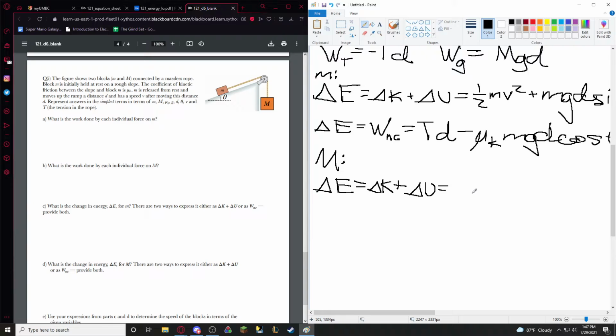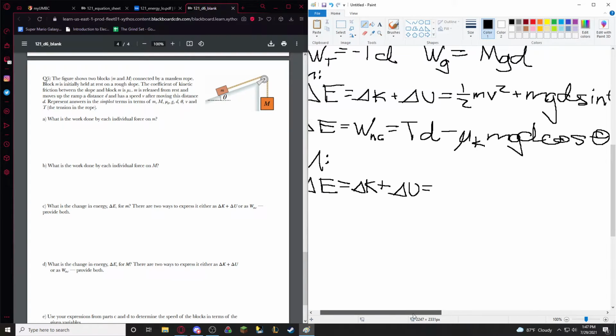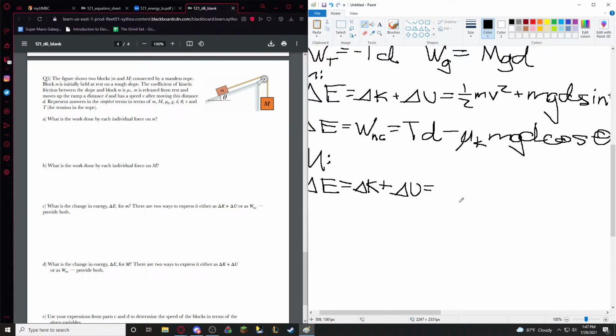Kinetic energy would increase as it goes along. It's just 1/2 big M. I'm guessing it would go at the same velocity as the other one, just in the opposite direction. Yeah, it's the same speed, because obviously the rope is still attaching them, and the rope's still at constant length. So yeah, just half big M v squared.